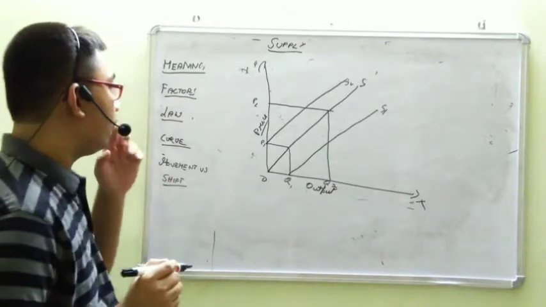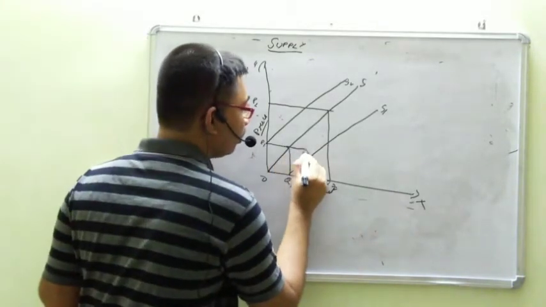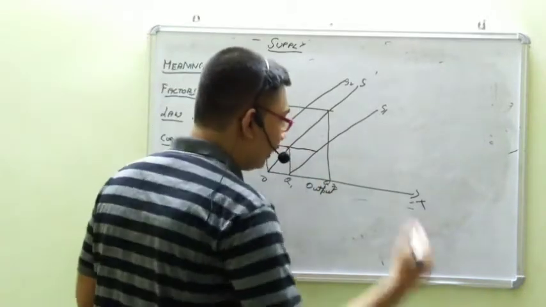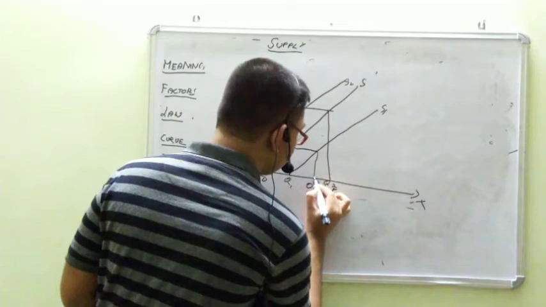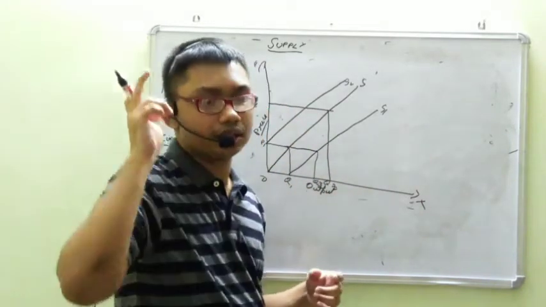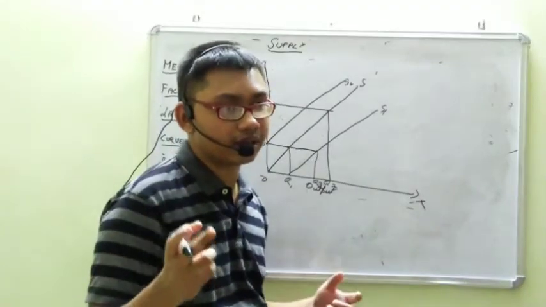Now, for the same price P1, because of change in some other factor, if the producer is willing to supply Q3 amount of the good, then the phenomenon is called increase in supply.